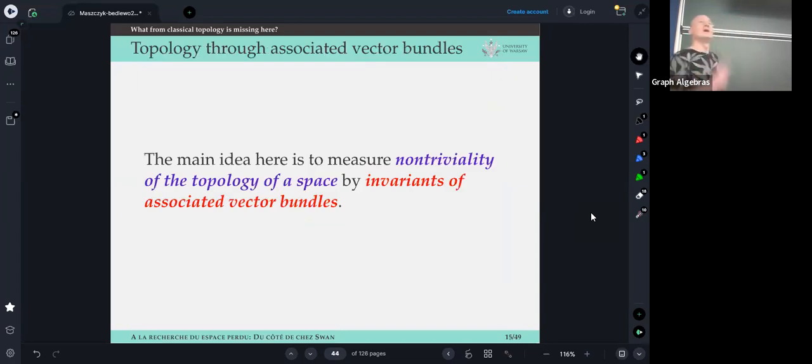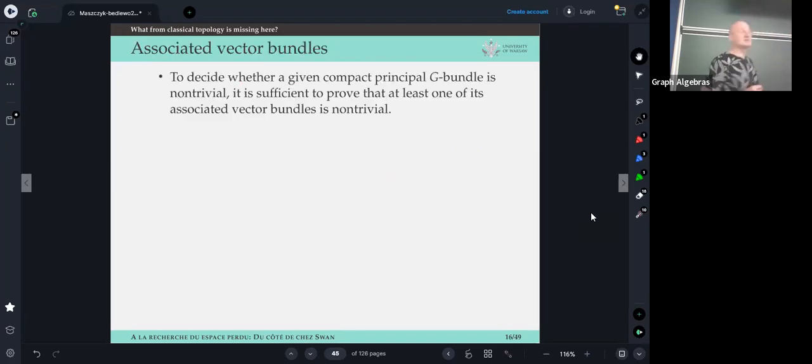So now, what is this K in front of this K compact quantum space? Okay. The main idea consists in the following slogan. The slogan is to measure non-triviality of the topology of a space by invariants of associated vector bundles. So let me remind you what this theory is classically about and how this is related to measuring non-triviality of topology.